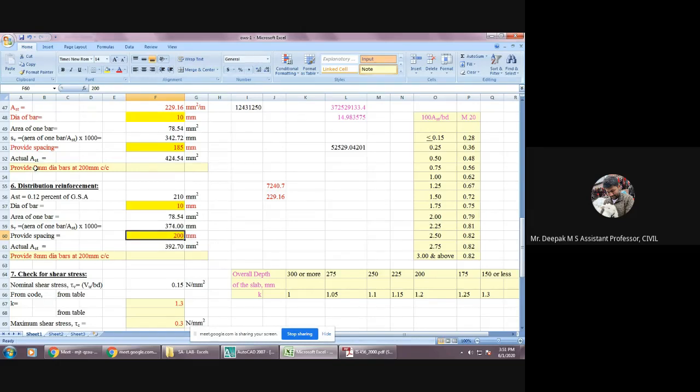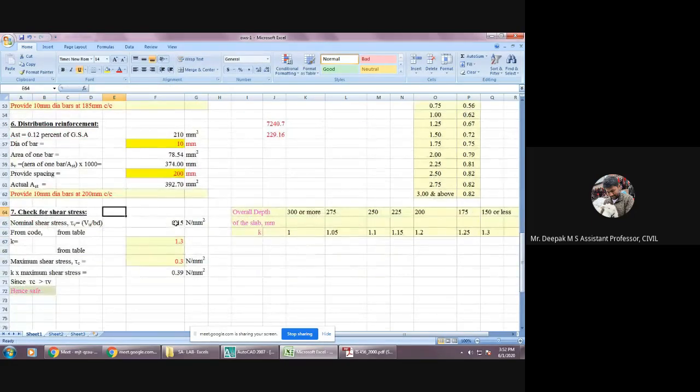Now I'm providing, say here, 10 mm dia bars at 185. Right? And 10 mm dia bars at 200. Easily I am getting every answer.